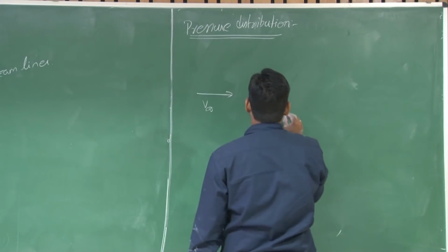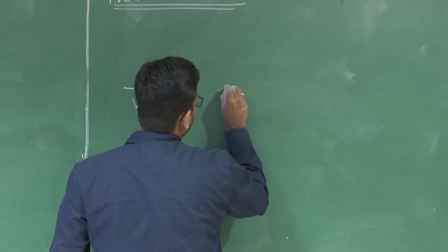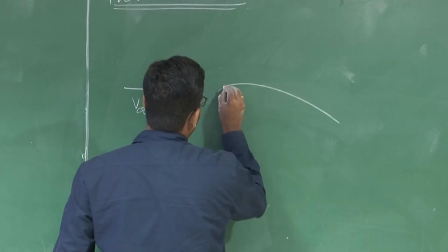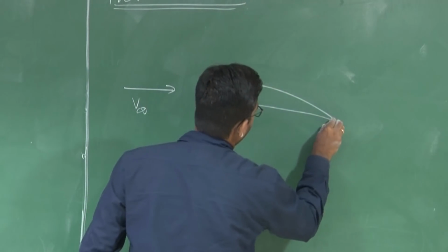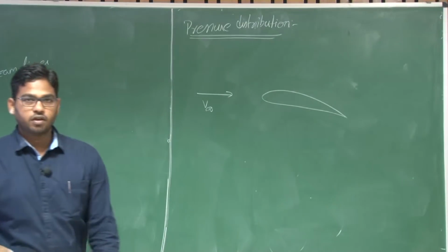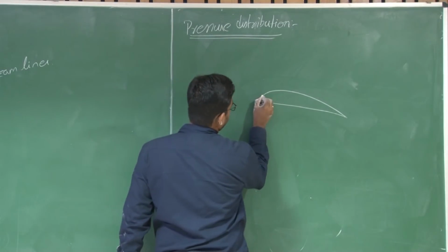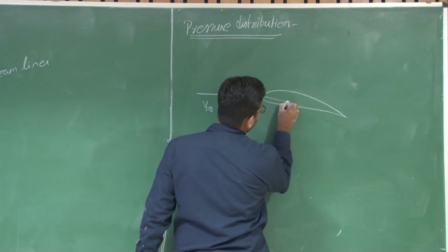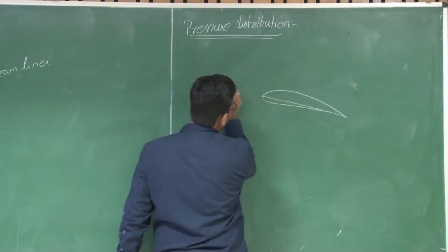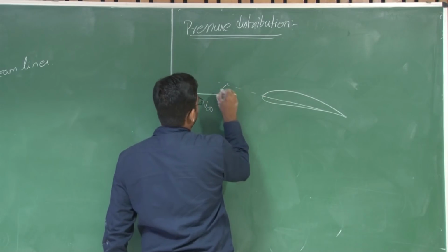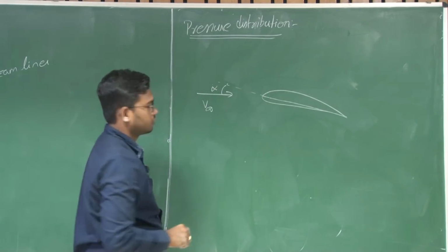Let us say this is my V infinity. So this is my airfoil, which is placed at an angle of attack, alpha.